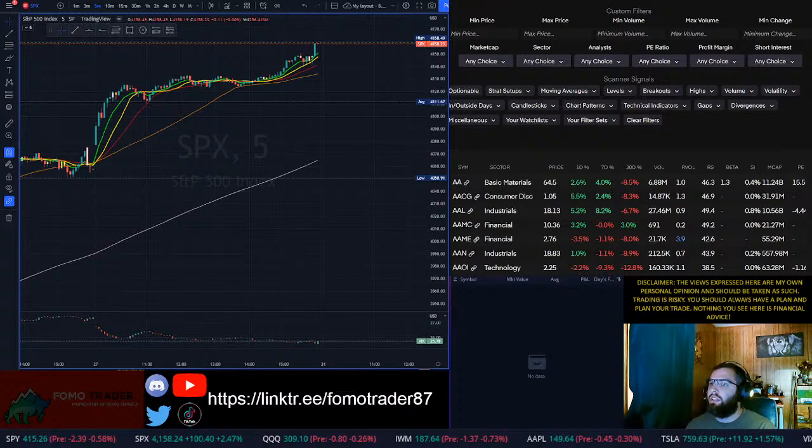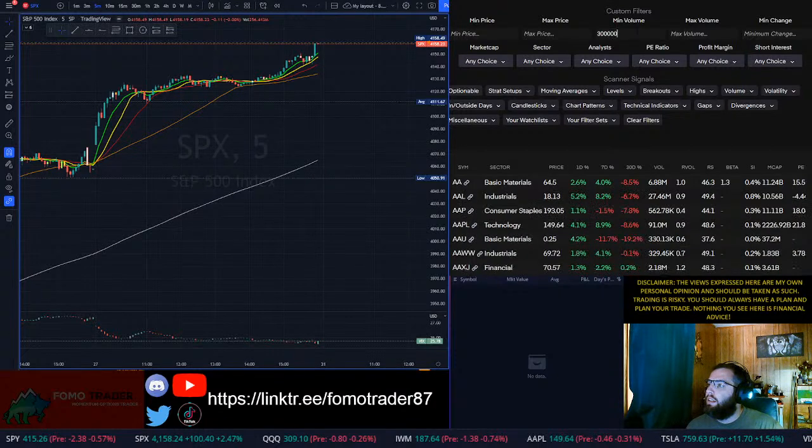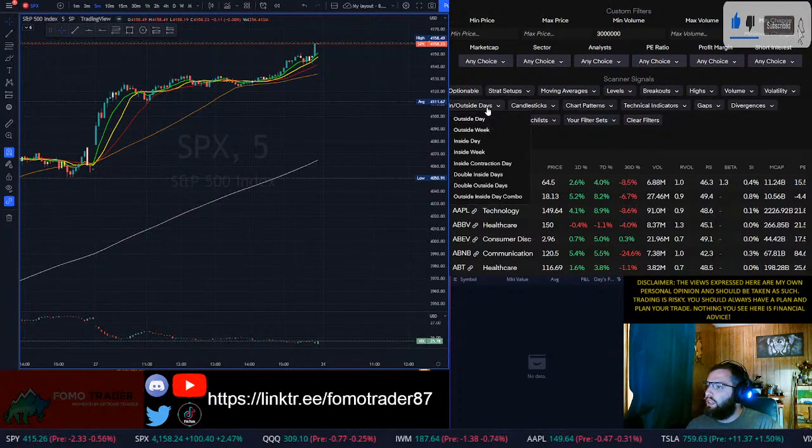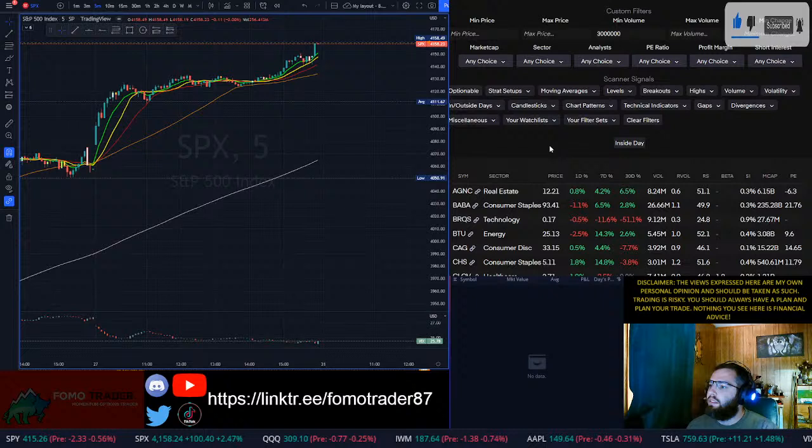So the first thing I'm going to do is enter the minimum volume of 3 million. And then I'm going to come down here under scanner symbols, go to inside and outside days, and we are going to look for an inside day.